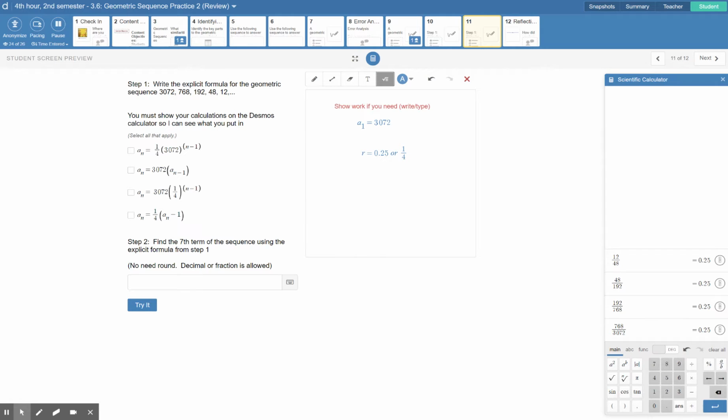Either way, totally fine. And then you're going to put that all together. So our a sub n, our nth term, is going to be our beginning value with our ratio in the parentheses raised to the n minus 1. So here it says find the 7th term, which is our nth term. So then we're going to plug that in. So 7, and then put the 1. So 7 minus 1 in the exponent is going to be 6.